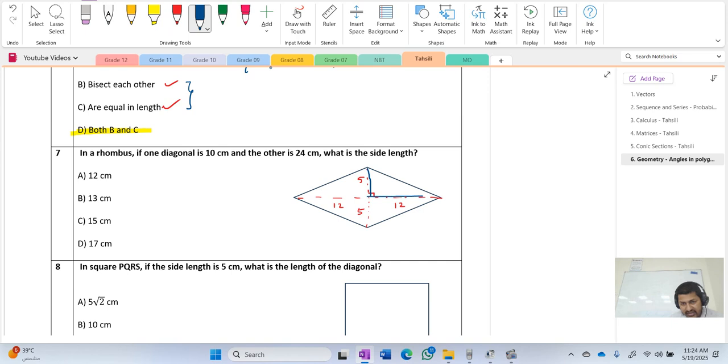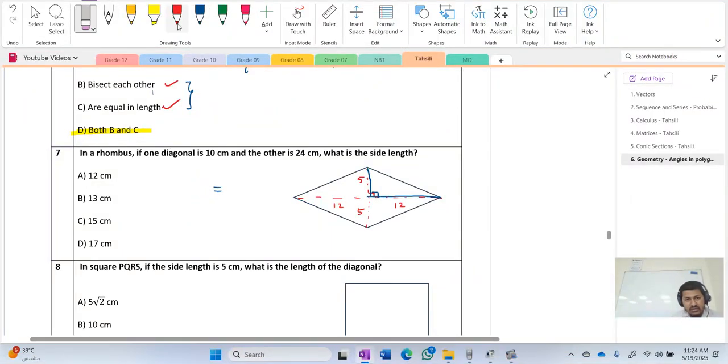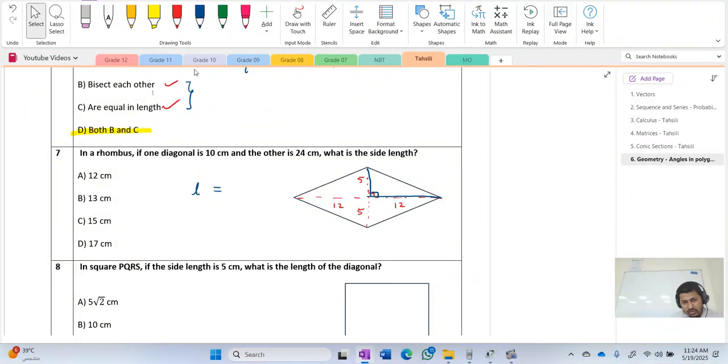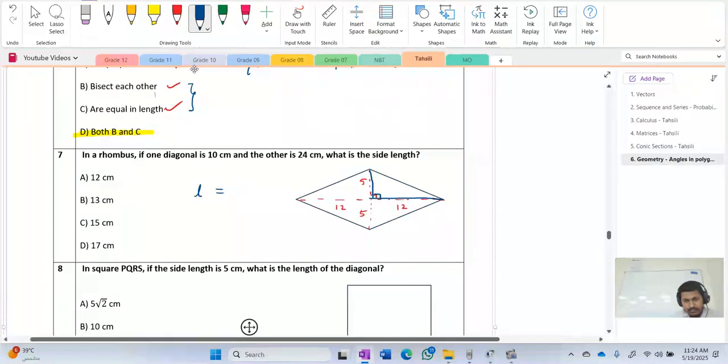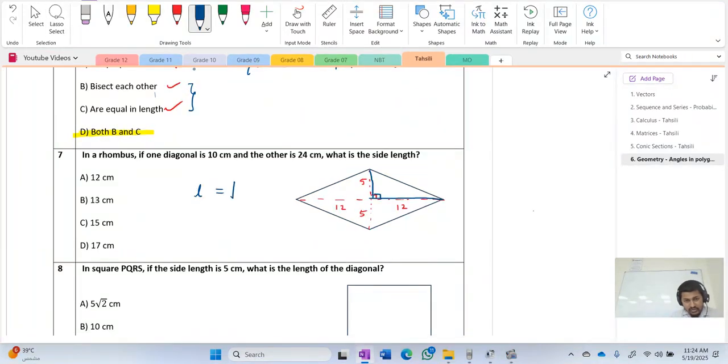The square root of 144 plus 25 is the square root of 169, which is 13. If you remember the Pythagorean triples, 3, 4, 5 and 5, 12, 13, that's very good. So the answer is 13. Otherwise just solve it using Pythagoras.